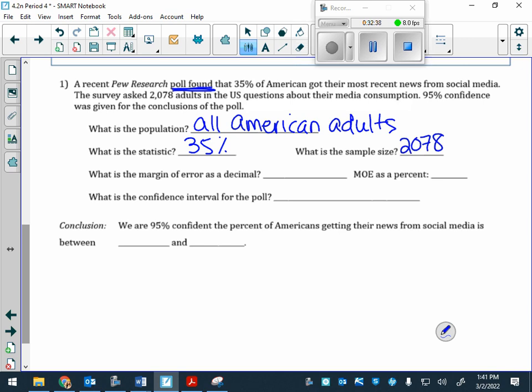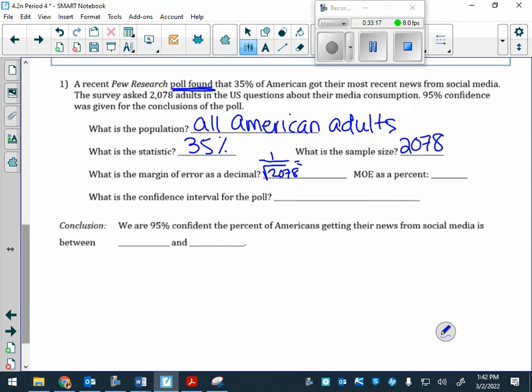Okay, this is the quick method to use it. So it's 1 over the square root of 2,078. What would it be as a decimal? Round to the 3 places after the decimal. What do we got? Louise, go ahead.